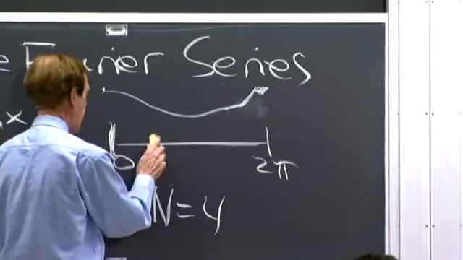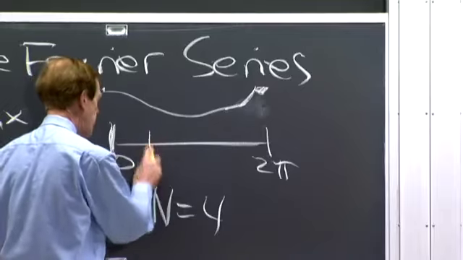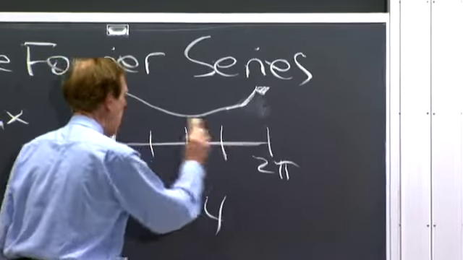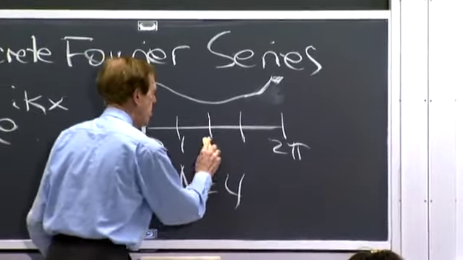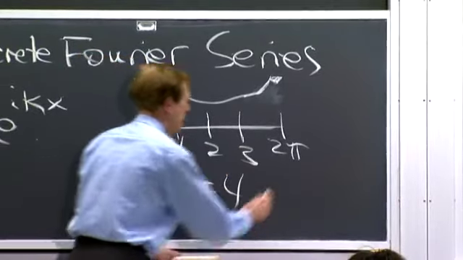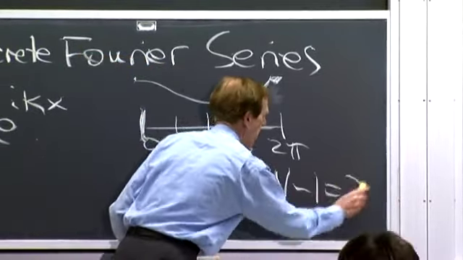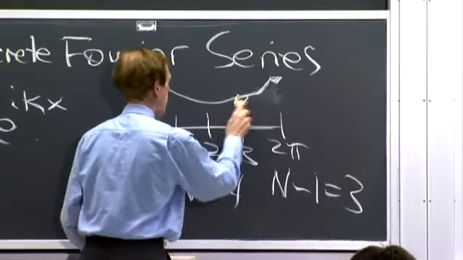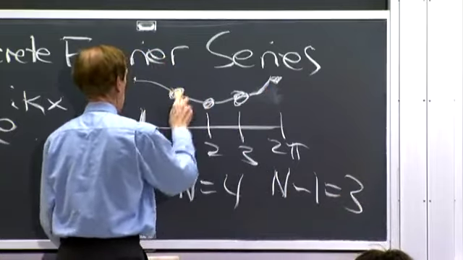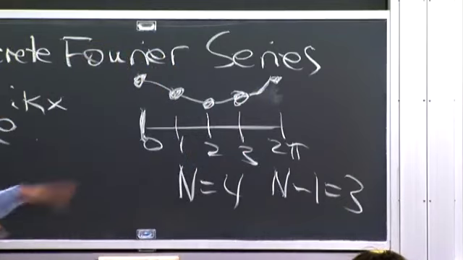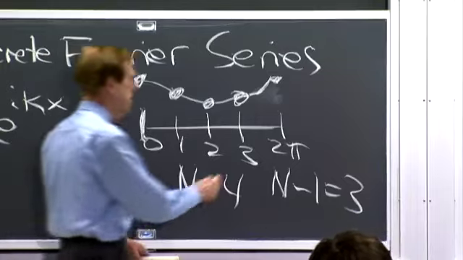I'm just going to take four equally spaced points, k being 0, 1, 2, 3. So n minus 1 is 3. And these 4 values I can get right. So those are my 4 x's, the 4 x's that I'm going to take.